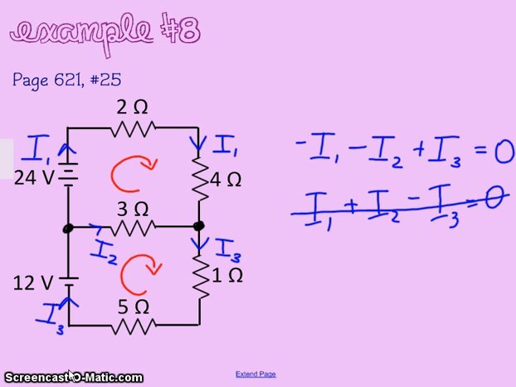And then the opposite is also true. If you go through a resistor opposite the direction current is traveling through that resistor, it is a positive voltage.